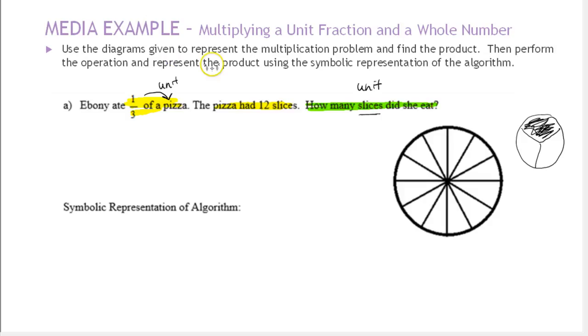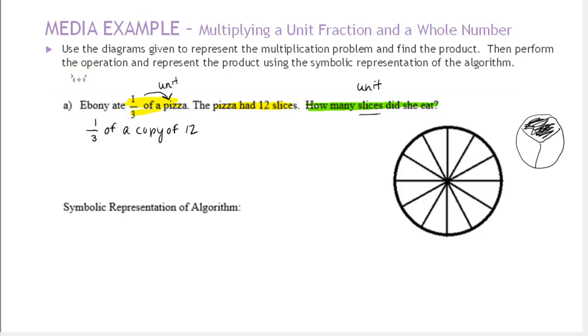Okay, so our new unit is just one of these slices, and there's 12 copies of them, and we want to find 1/3 of a copy of that 12. So let's write that, 1/3 of a copy of 12. Okay, and notice this connects right to our multiplication language of copies of.